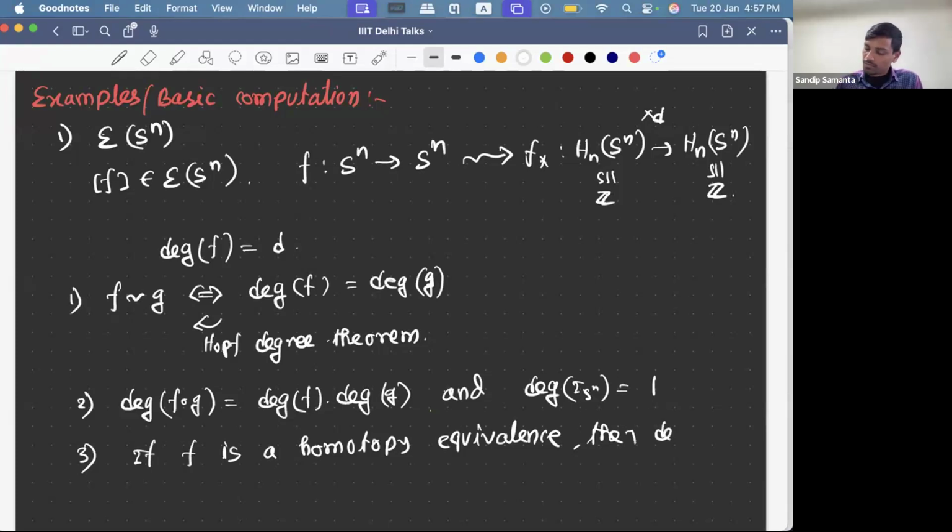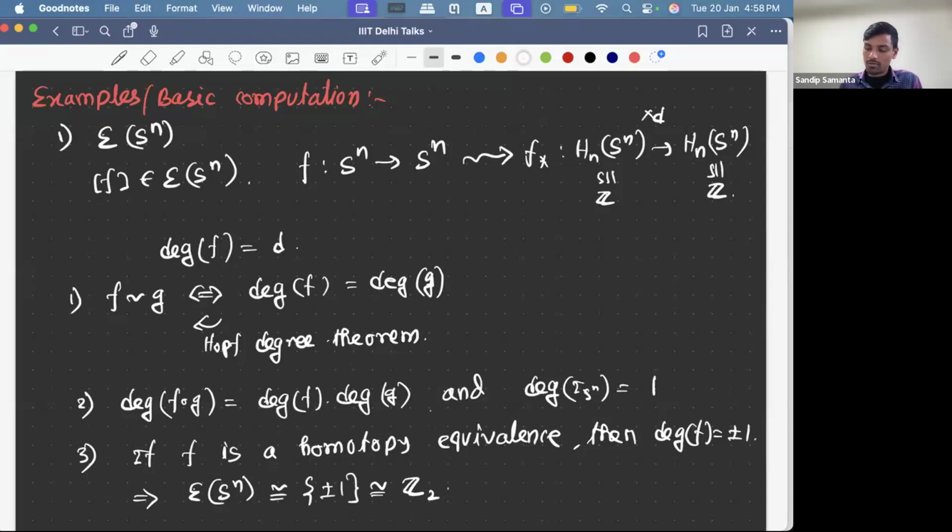Then the degree of f is equal to plus or minus 1. And once this is done, the only possible f that corresponds to this degree is plus or minus 1. That implies that this E of Sn is isomorphic to the set plus or minus 1, which is just Z2, right?